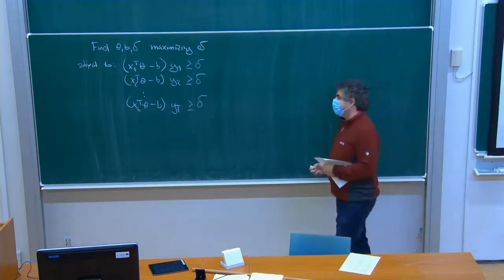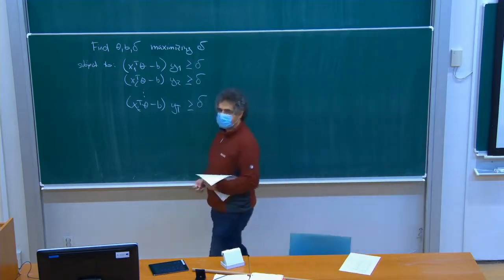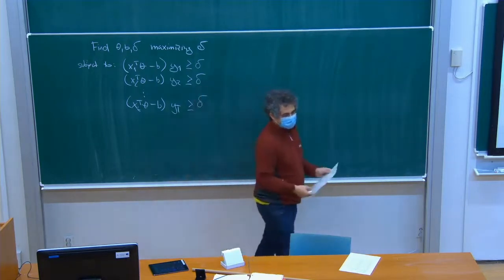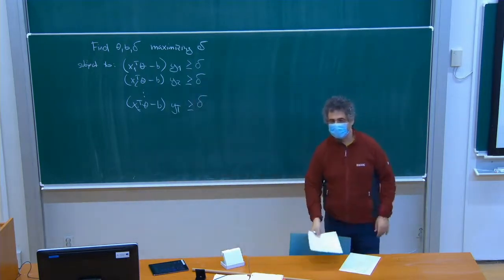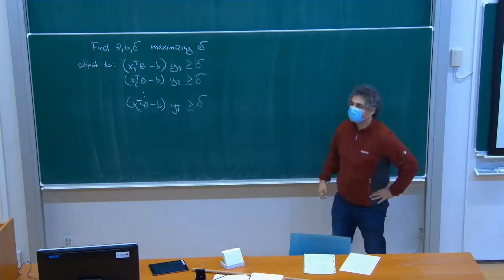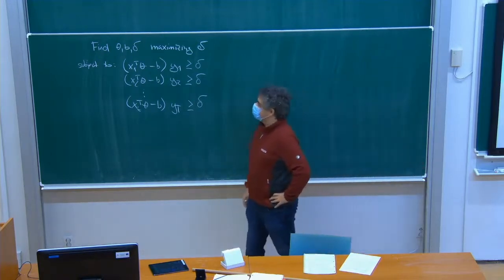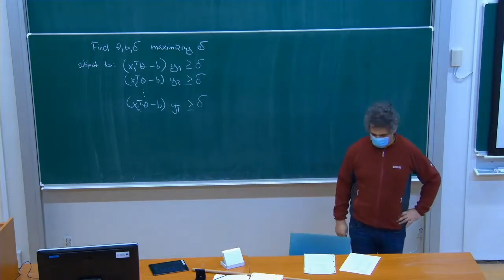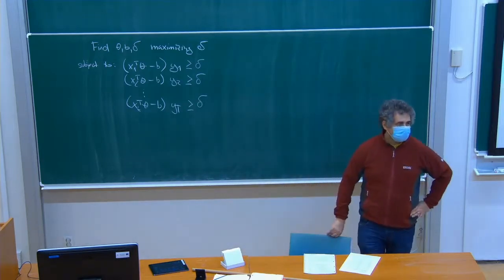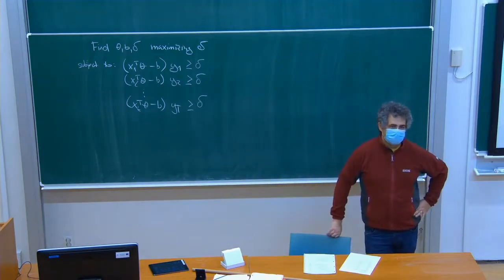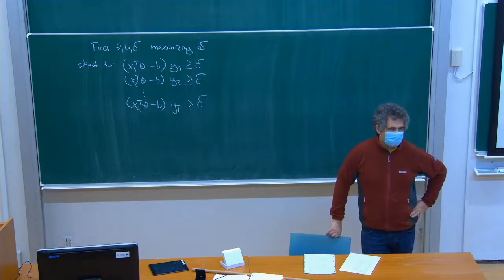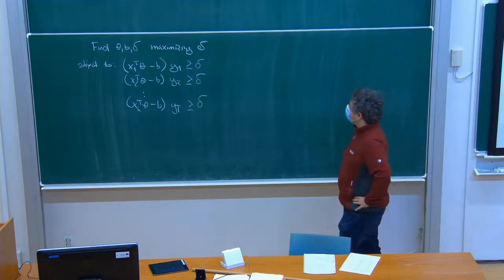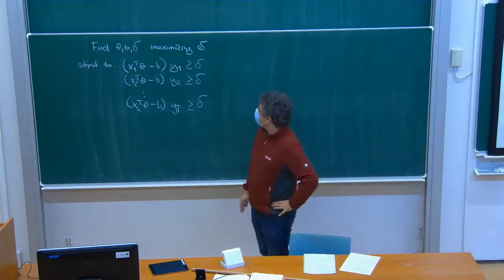Now there is one mistake in here. Let's see whether you can spot it. There is one pretty big problem with this linear program: it is not linear. Why wouldn't it be linear?